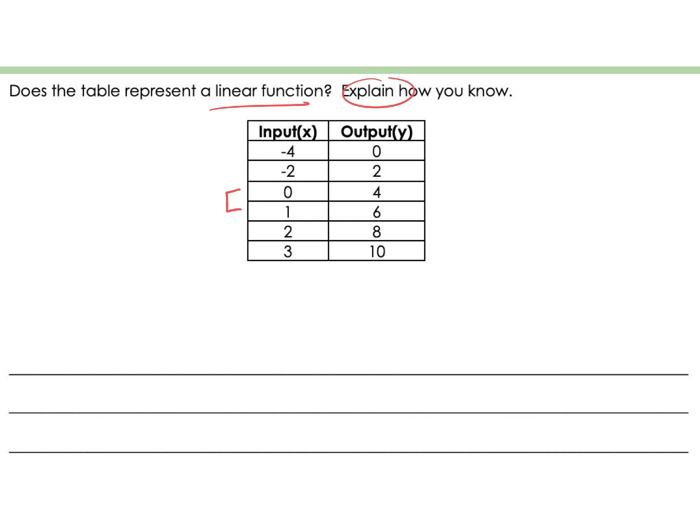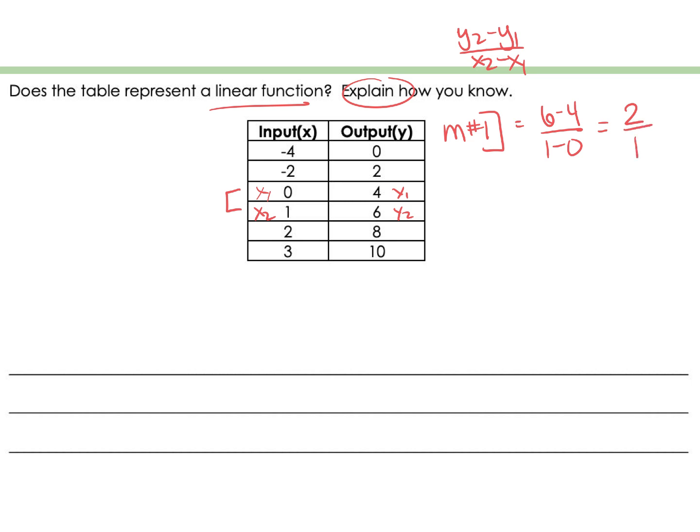Work smarter, not harder. So I'm going to do x1, x2, y1, y2, slope number 1. I just can't help it, guys. I got to write it every time. So I'm going to do 6 minus 4 over 1 minus 0 to get a slope of 2 over 1.